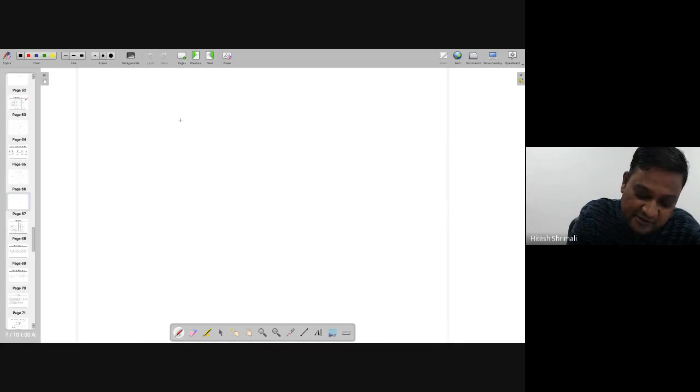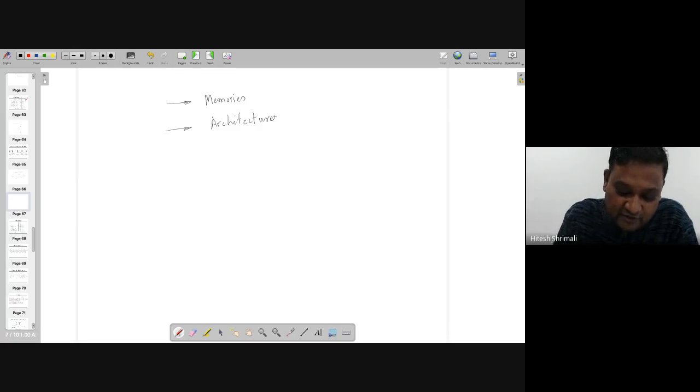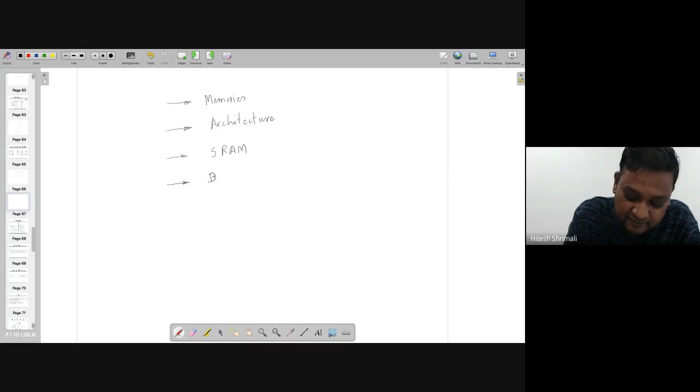So previously we were studying various memories and their architectural level design, where it uses column decoder, row decoder and other circuitry, and along with that there are some cells: SRAM, DRAM, and many other things.